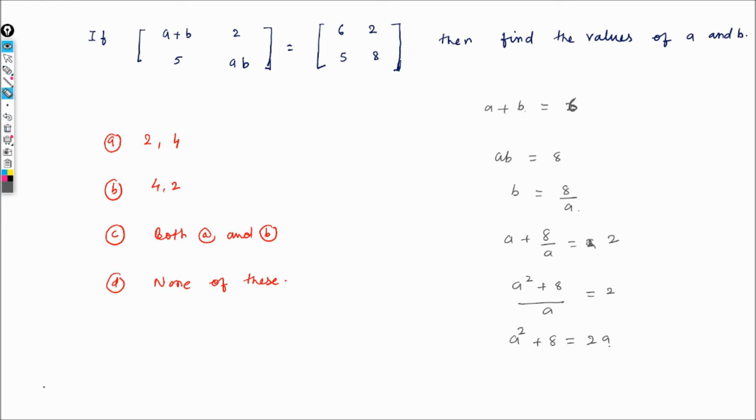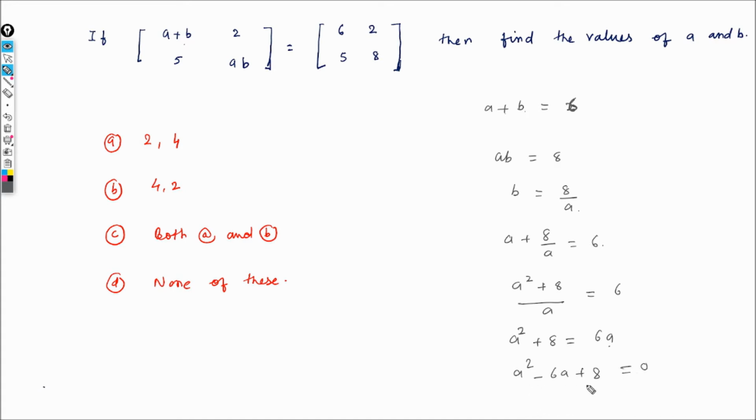So let us solve it once again. So I can write here A plus B is equal to 6, AB is equal to 8, B is equal to 8 upon A. So A plus 8 upon A is equal to 6, that is, A square minus 6A plus 8 is equal to 0.